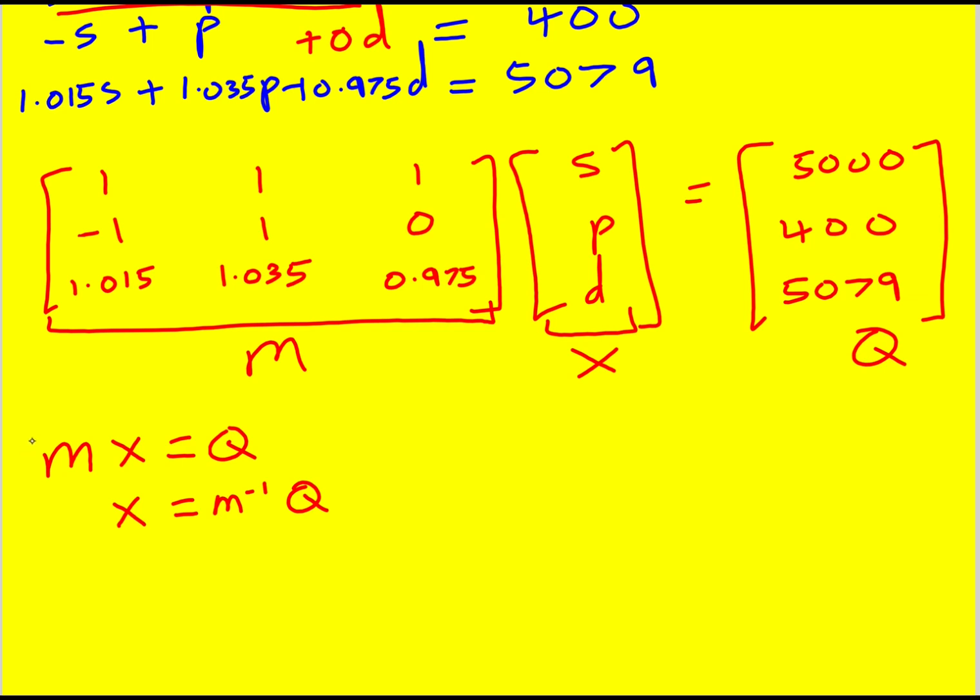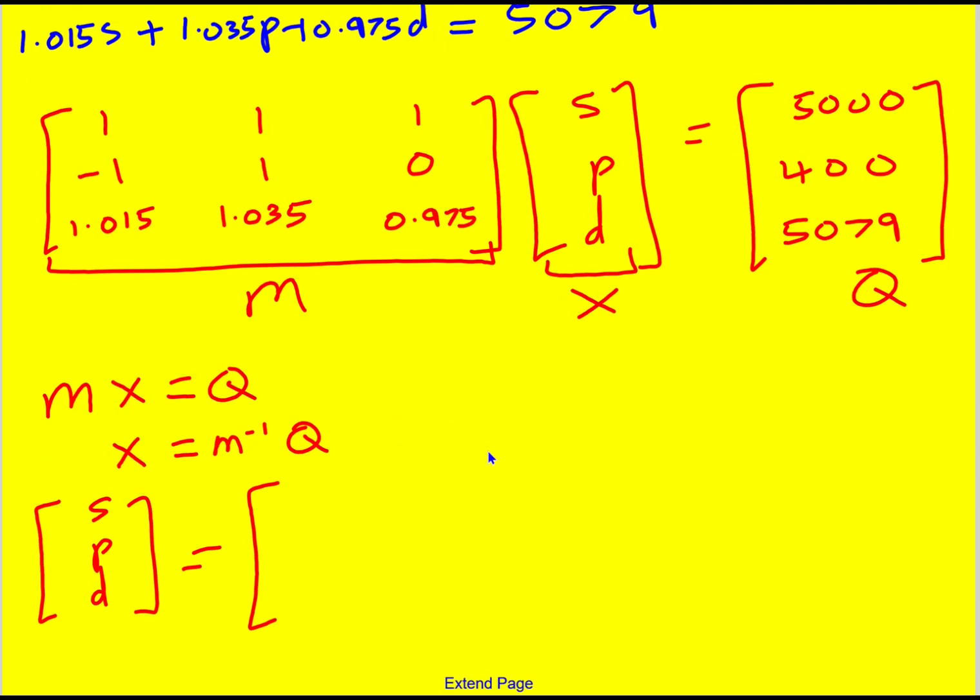When you do that, the inverse times M just becomes the identity, and we can just ignore it. So what that means is S, P, D is going to equal, this is 7 marks, we're going to be using our calculator for a lot of it in a minute, so I just want to make sure I show enough working. I'm just going to write the matrix down one more time.